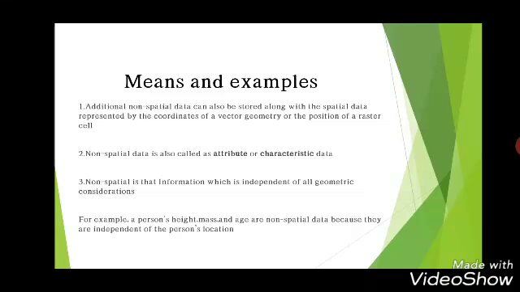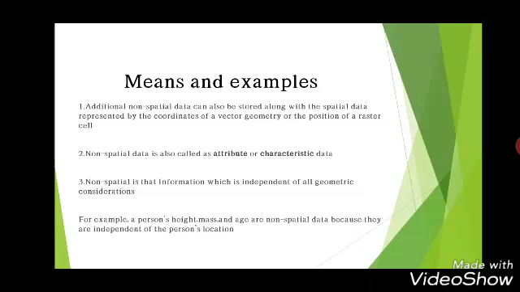Additional non-spatial data can also be stored along with the spatial data represented by the coordinates of a vector geometry or the position of a raster cell. And as I told, non-spatial data is also called attribute or characteristic data. Attributes are the non-spatial characteristics that describe spatial objects.